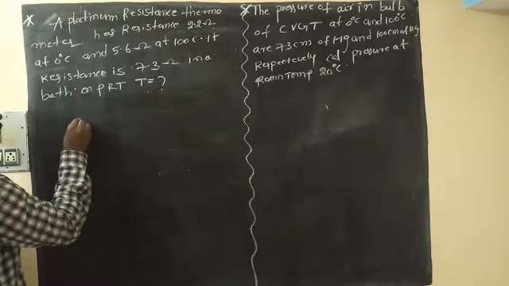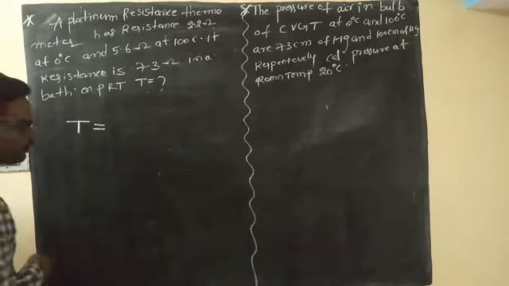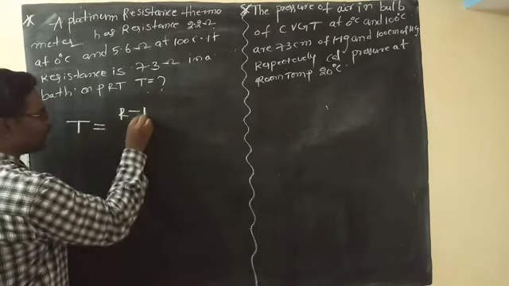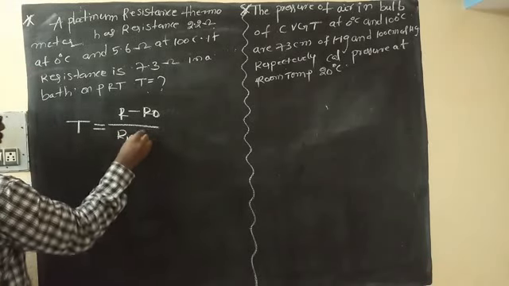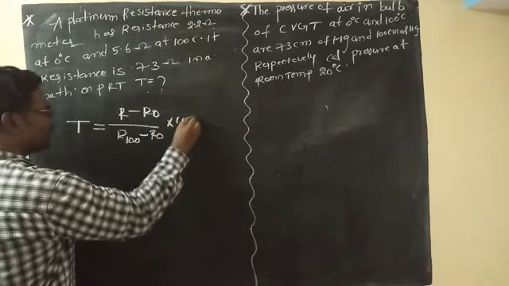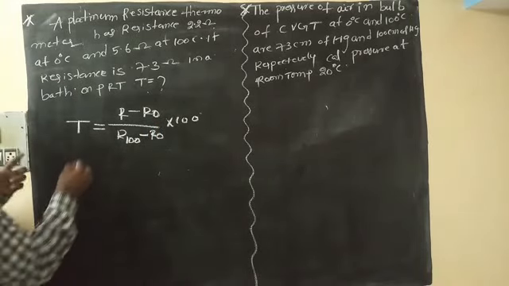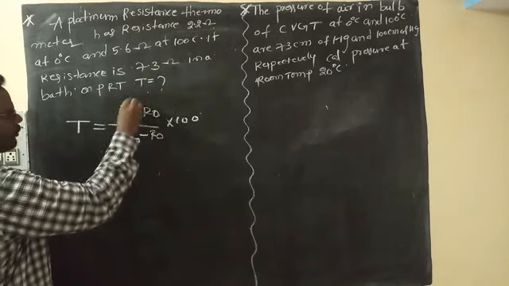Now, if you want to find out temperature in a platinum resistance thermometer, as we know, that is (R minus R naught) by (R100 minus R naught) into 100. So here they have already given the resistance value, that is 7.3, right?